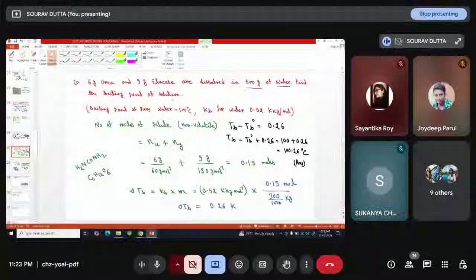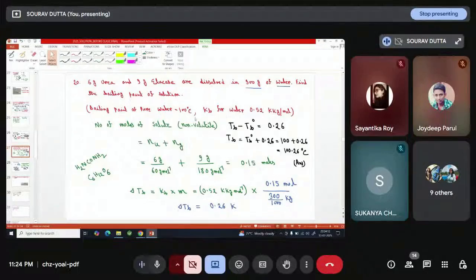So urea mole number is mass by molar mass, urea হচ্ছে NH2CONH2, মোলার মাস কত? মোলার মাস 60, ক্যালকুলেট করবে, সব অ্যাটমিক মাস অ্যাড করবে, you will get 60. In case of glucose C6H12O6, molar mass 180. So mole number is mass by molar mass, 6 by 60 plus 9 by 180, you will get 0.15 mole. That is the mole number of the solute.